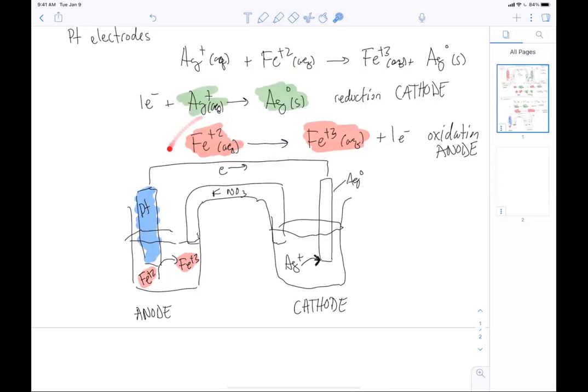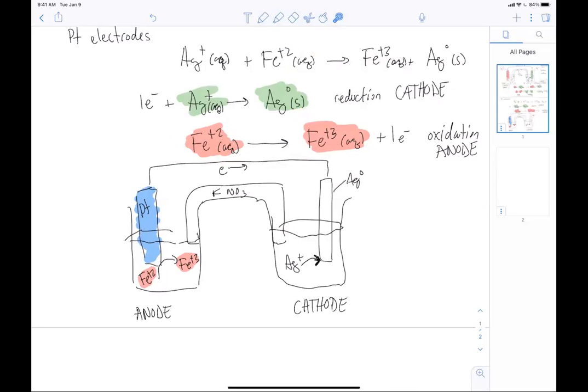It's when you're going from an aqueous to an aqueous, whatever you're looking at. Here we're going from aqueous iron 2 to iron 3, so we want to make sure that we use a platinum electrode here because you have to. If you don't have something where you're going to or from a solid, then you can't use a metal electrode.